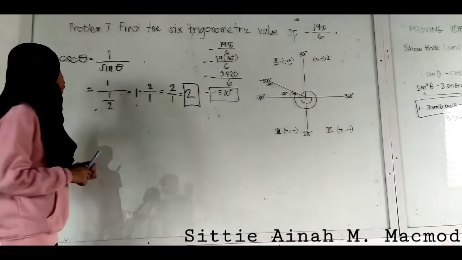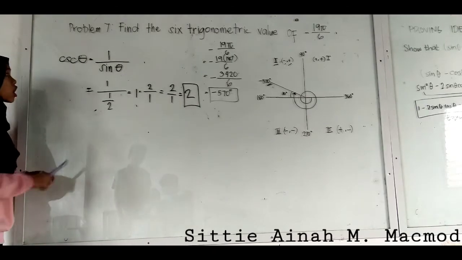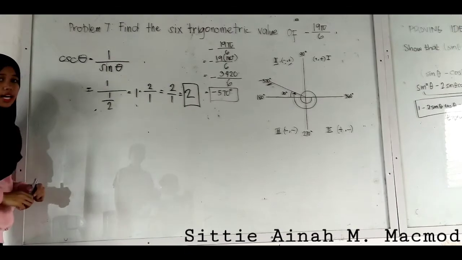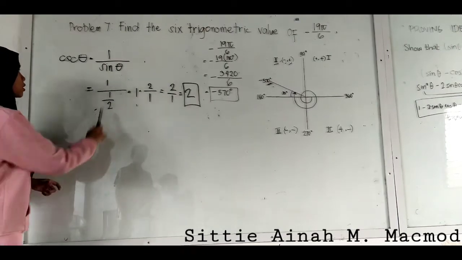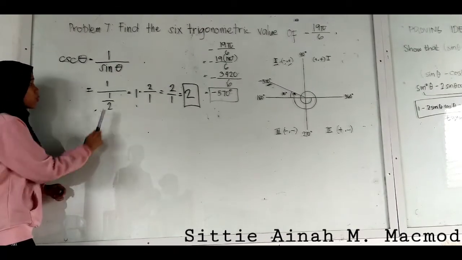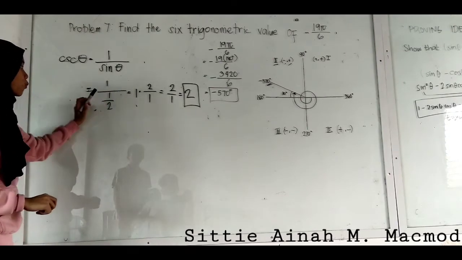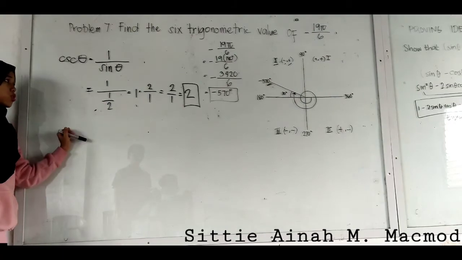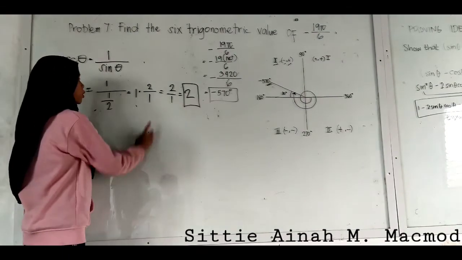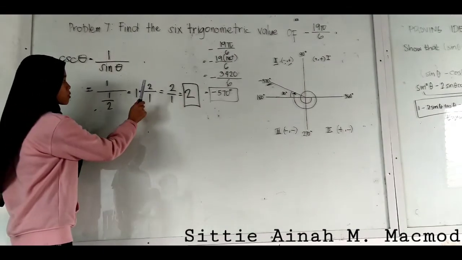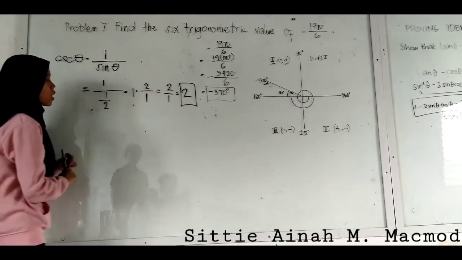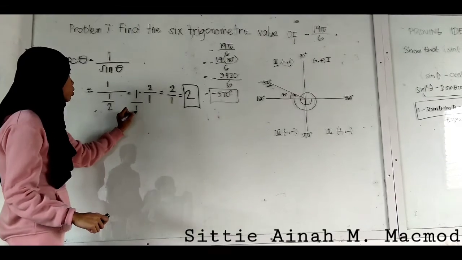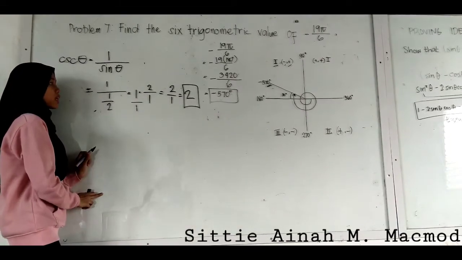So, let's proceed to cosecant theta. Cosecant theta is equal to 1 over sine theta. Sine theta is equal to 1/2. So, 1 over 1/2. There is a fraction in the denominator, so we need to take the reciprocal. So, 1 times 2 over 1. It's understood that there is a 1 here.